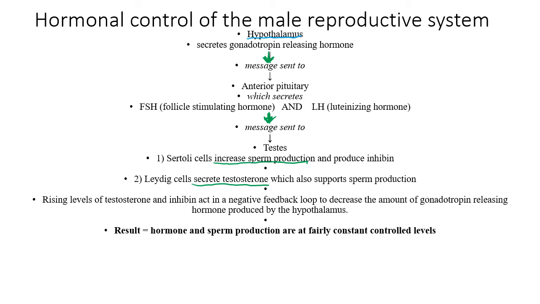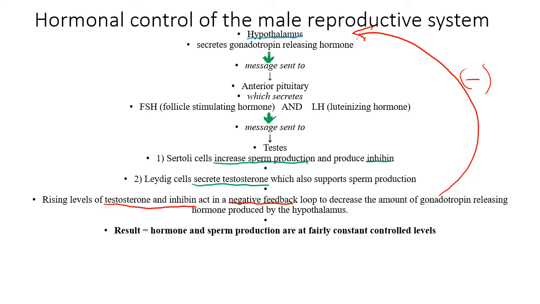And then as we get a rise in the levels of testosterone, a rise in the level of inhibin, those two hormones are then going to start to feed back, and we're going to get a negative feedback from testosterone and inhibin, and that's going to feed back up to the hypothalamus, and the hypothalamus is then going to have a decrease in the amount of gonadotropin releasing hormone.